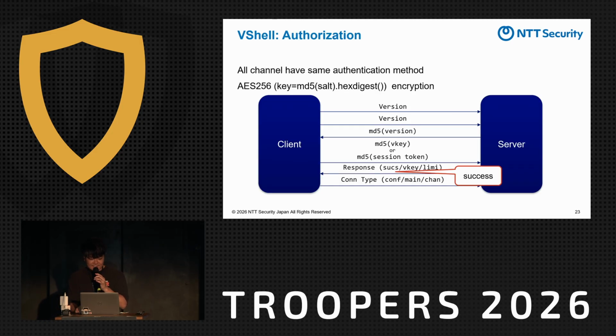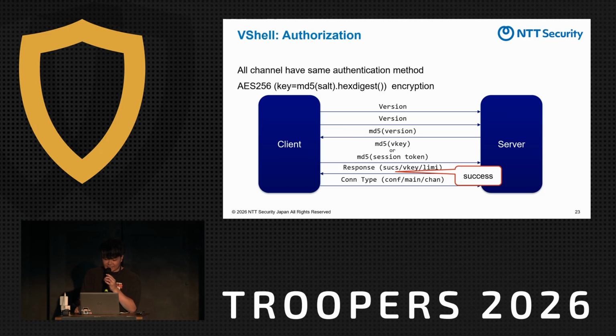This slide explains the authentication mechanism used in VShell. In VShell, the same authentication method is applied across all channels. Communication is encrypted using AES-256, and the keys are derived from the MD5 hash of the salt value. The authentication process begins with the client sending its version information, followed by the server returning its own version.